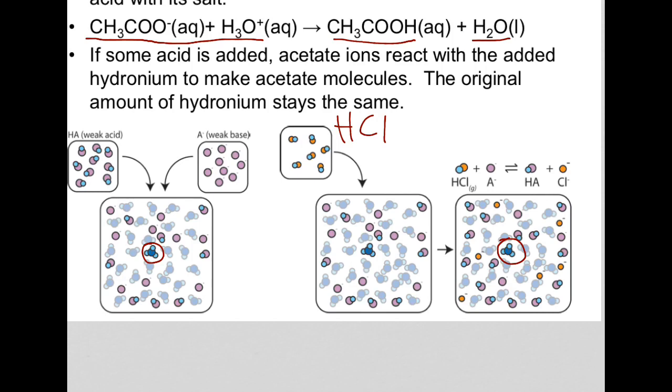So we see that the HCl, which used to be these orange and light blue dots, now separates into individual chloride ions, which are scattered about, and some acetate ions, a little less prevalent than they were before, because there was a lot more of them over here. I don't know, it's probably about 7 or 8. So you see that there's less of the acetate ions, and they're occupied by a little bit more of the HA, which would be the acetic acid. But the measurement of pH only comes from the amount of hydronium, and in both cases it's the same.